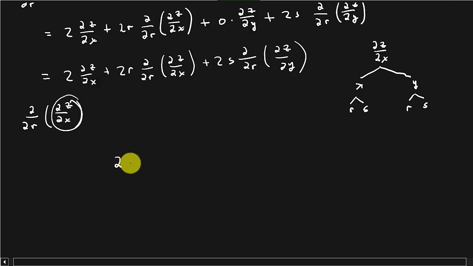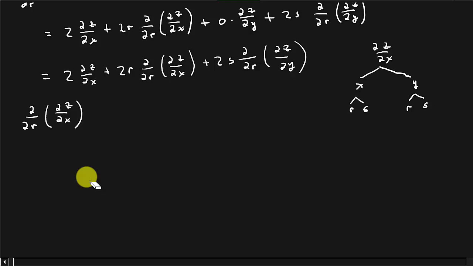This would be like the partial of, say, w with respect to r, but the w is this thing right here. And if we were doing the partial of w, we would have the w up here. So that's why we have the partial of z with respect to x.